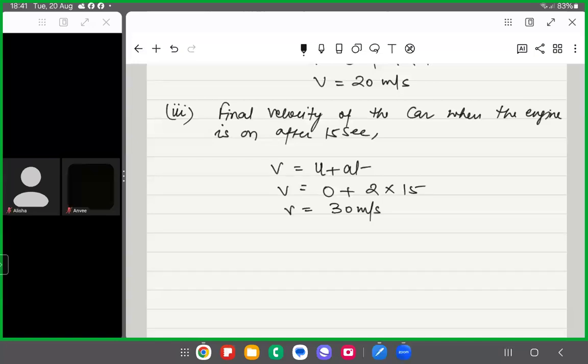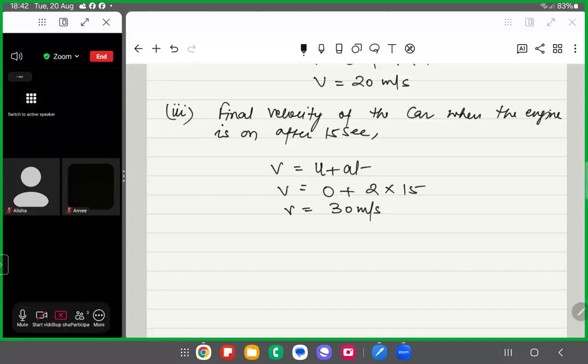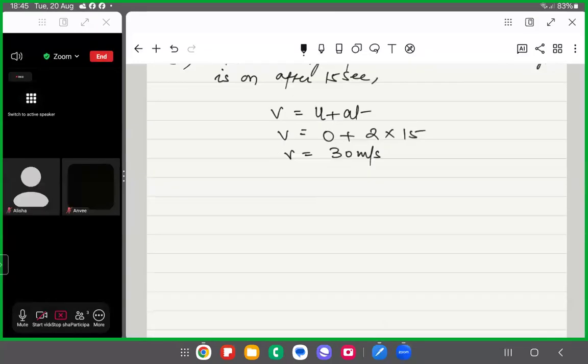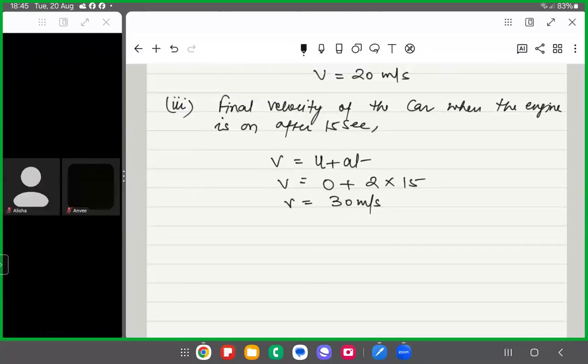Now, what will you find now? So tell me how you proceed after this. Since we have found out the velocity attained by the car after 15 seconds, that is 30 meter per second, are you getting that? Right.